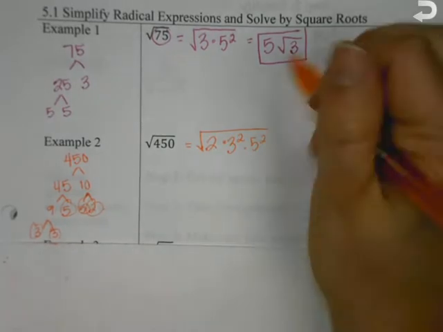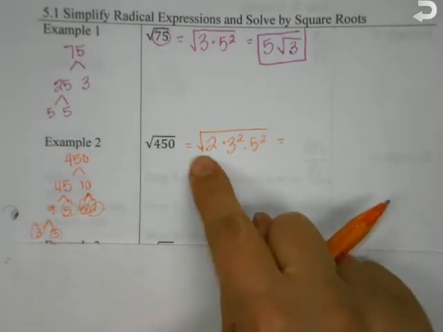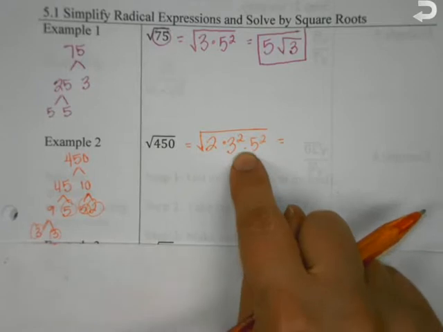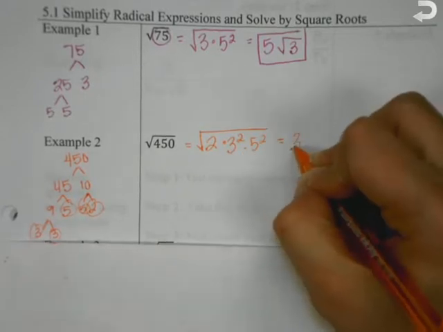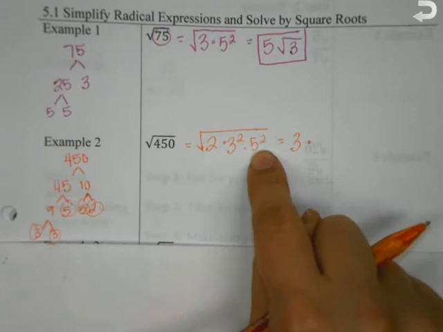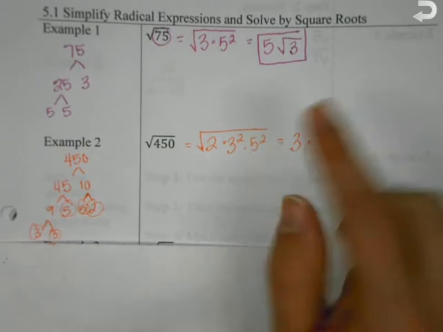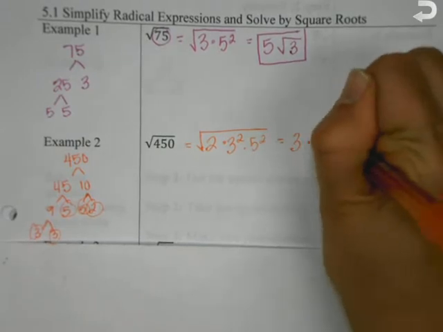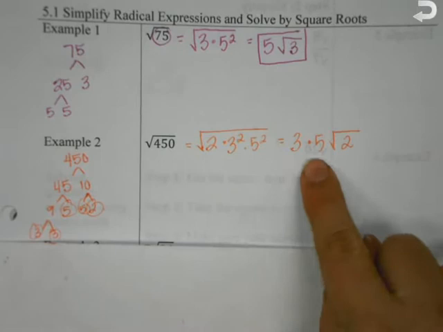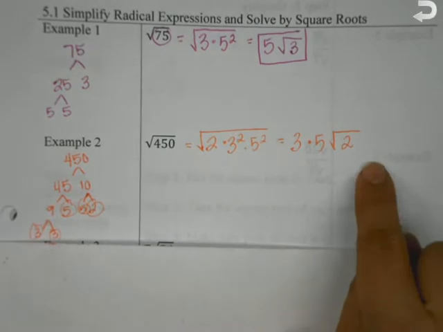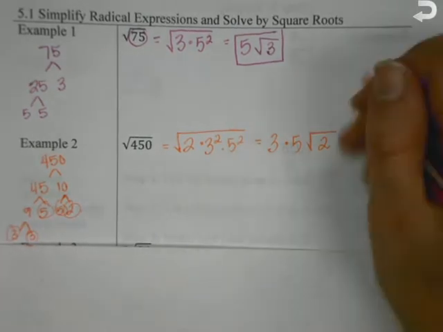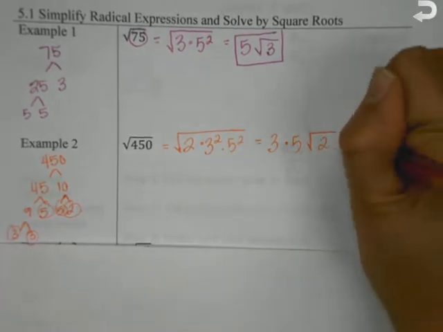Okay, so can I take the square root of 2? No. Can I take the square root of 3 squared? Yes, that's going to give me 3 times the square root of 5 squared, 5, square root 2. Obviously, this can be simplified a little bit more, right? What's 3 times 5 give me? So the answer is 15 root 2.